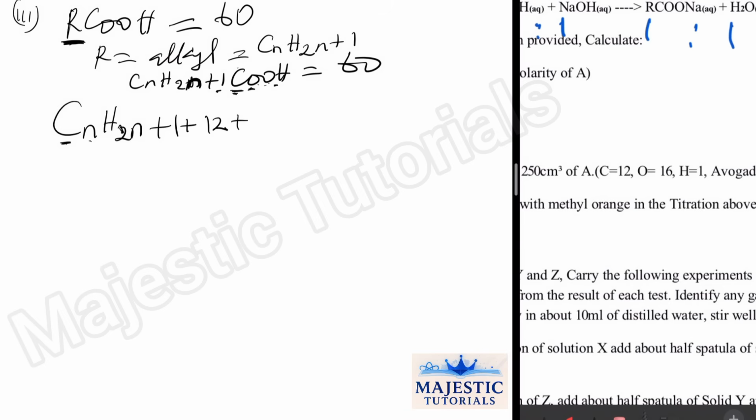So 16 times 2 plus 1, just 1 atom of hydrogen, which will give us, we'll weigh everything to 60. Summing all these numbers, 16 times 2 is 32 plus 1, which is 33 plus 13.